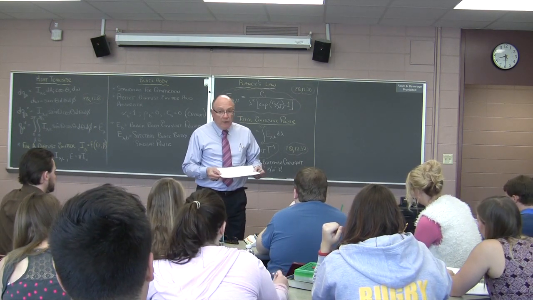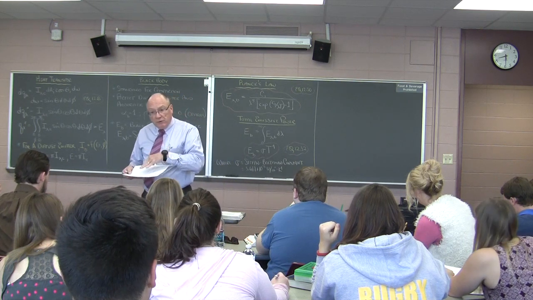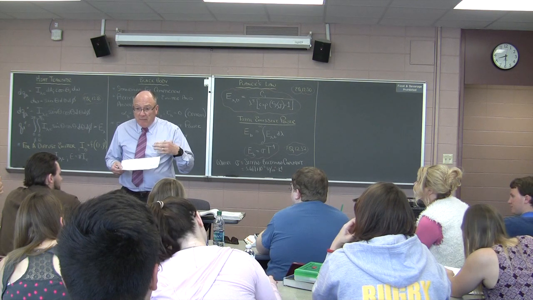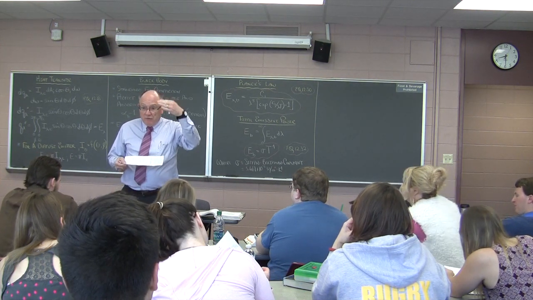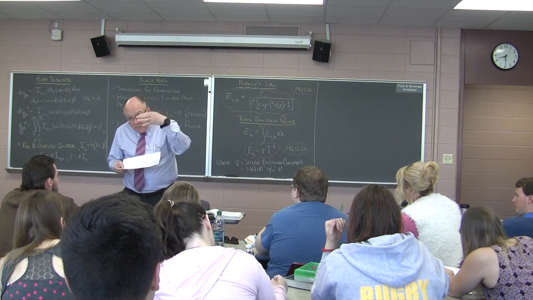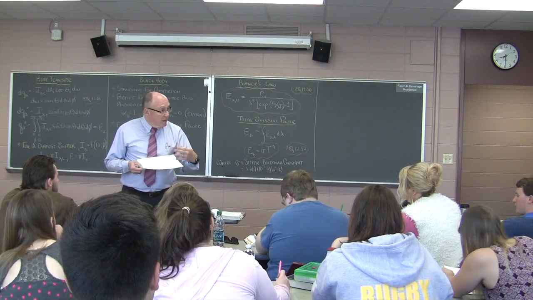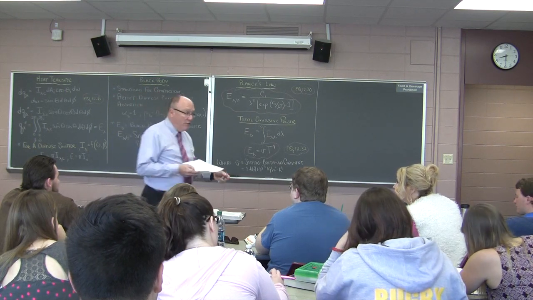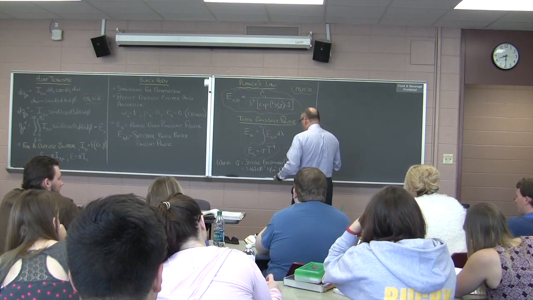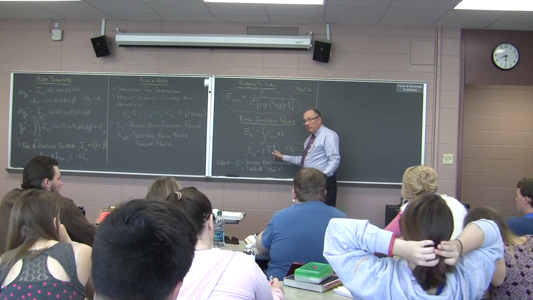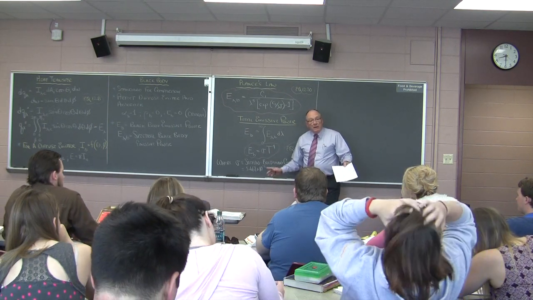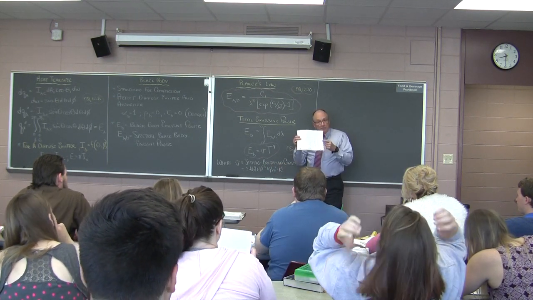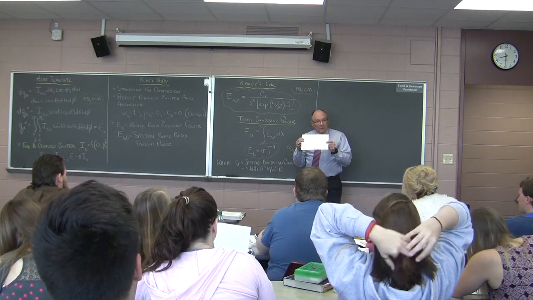But if somehow or another I could relate its physical material properties to that of a black body, then I could come up with a ratio where the emissive power of this sheet of paper compared to the emissive power of a black body could be related to a material property, and then I could multiply that material property, which would be less than 1, times sigma, times the temperature of the paper to the fourth, and what could I come up with? The emissive power of the piece of paper.